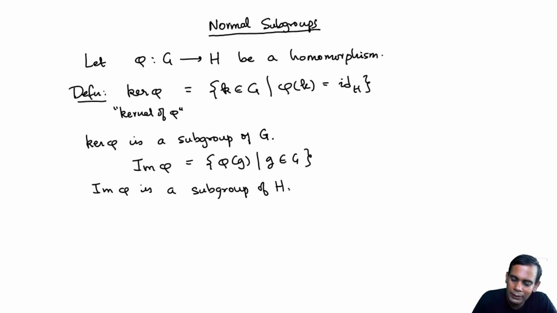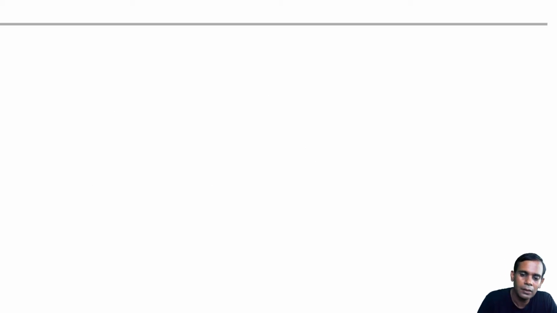Now let's try to understand what are the elements which are the pre-images of elements of H. So take an element h in the image of phi.